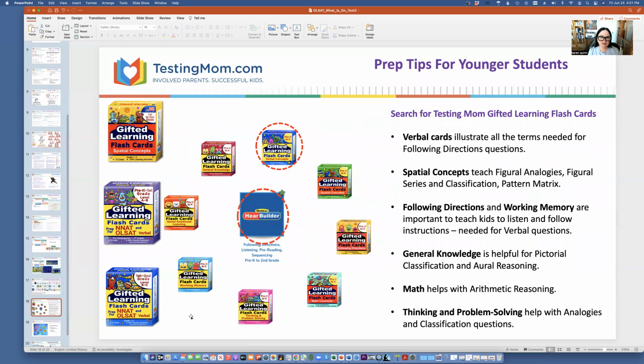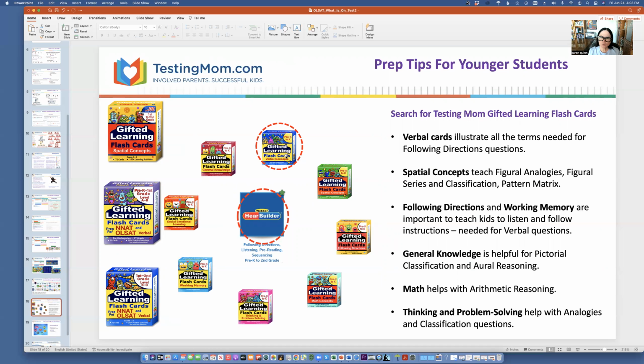Another resource and tool, just to keep it interesting and mix it all up, is flashcards. These are available on Amazon. The verbal concept cards are really good if you have a younger child doing following directions questions. This was developed specifically for the OLSAT following directions section.